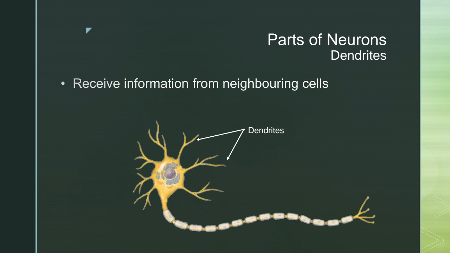Okay, next key part of neurons, the dendrites. These are those branch-like extensions coming off the cell body that receive those signals from neighboring cells.